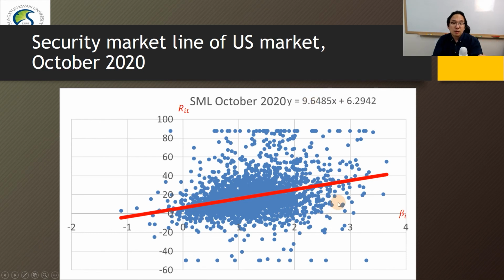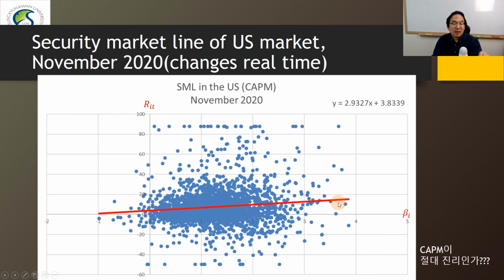So that's that. But I said this is real time. The market risk premium changes over time. Right? In financial management, we learned as if market risk premium is just fixed. Okay? Many decades or something, it's just fixed. That's kind of an easy way of saying the market risk premium. If you go to the advanced level like this class, right, you realize that the market risk premium is determined in real time and it changes over time.